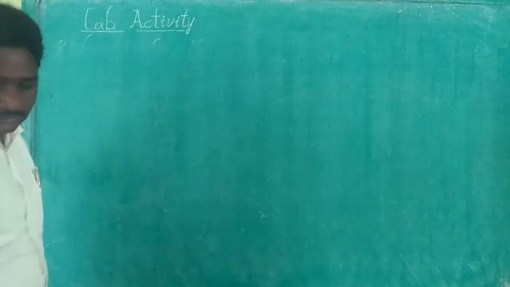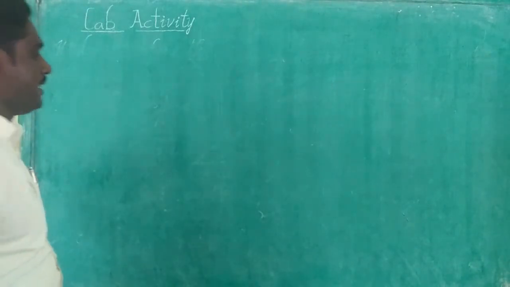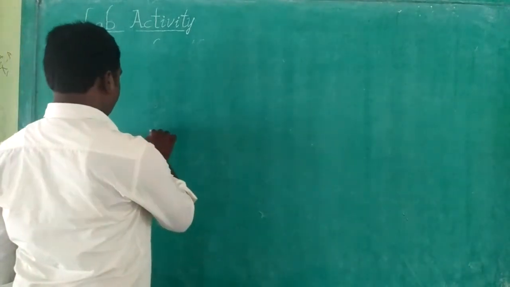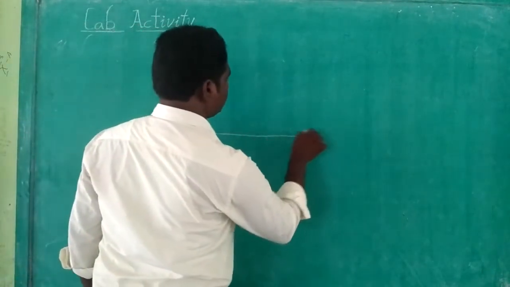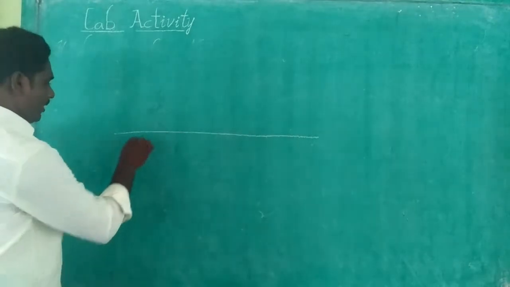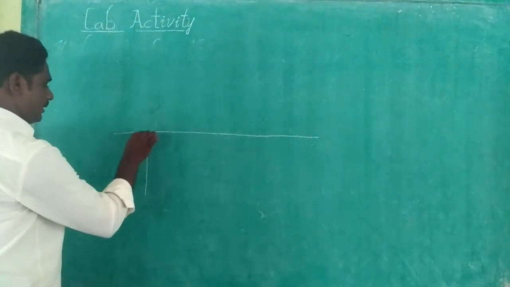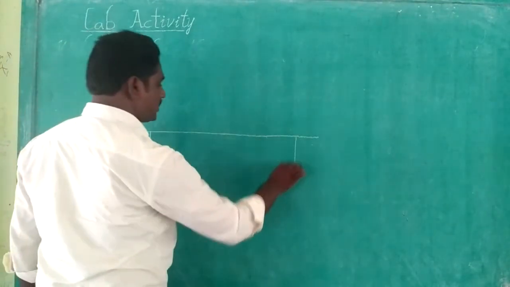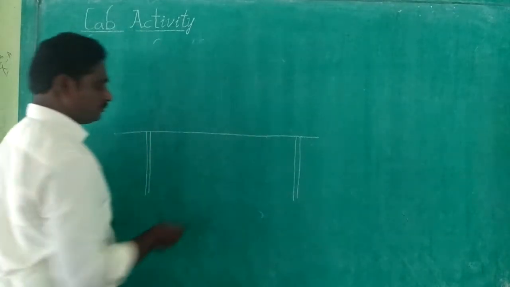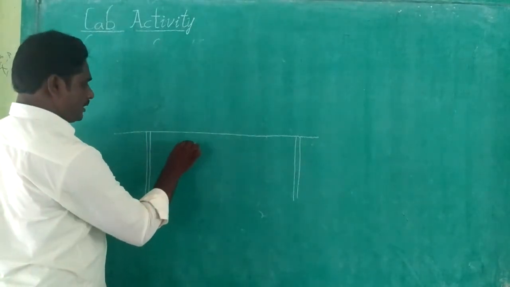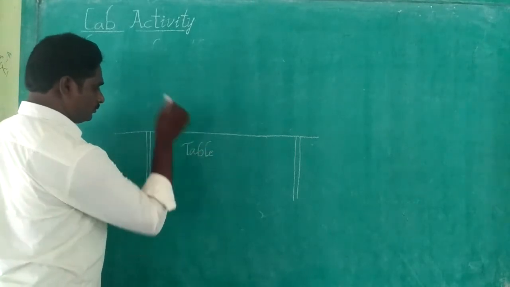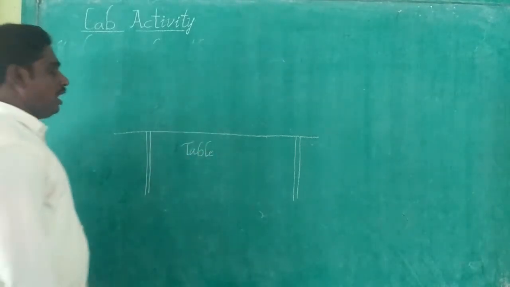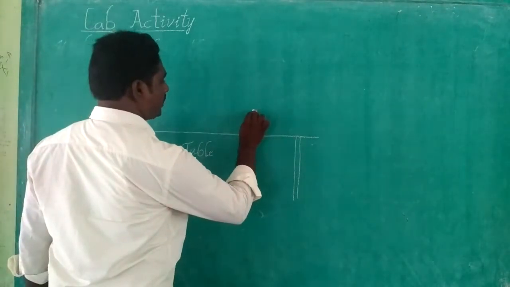Okay, in this procedure, first we take a toy trolley. This is put on the table. Okay, students, what is this? This is the table. Next, take the toy trolley.